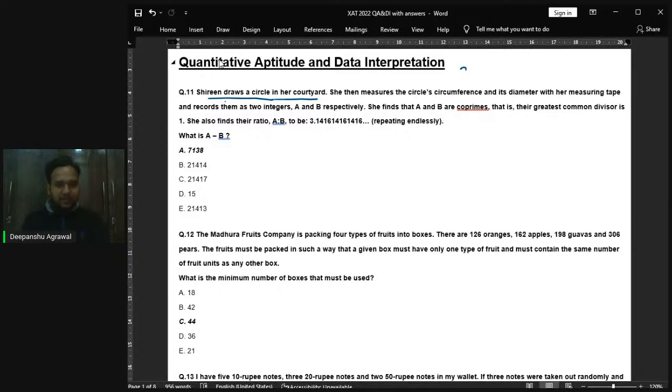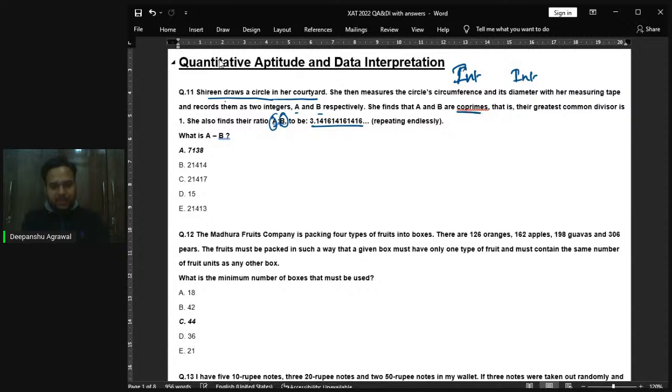So the circumference is also an integer and the diameter is also an integer. Now we have not been given the value of pi. This is the ratio between A and B, where A is the circumference and B is the diameter.